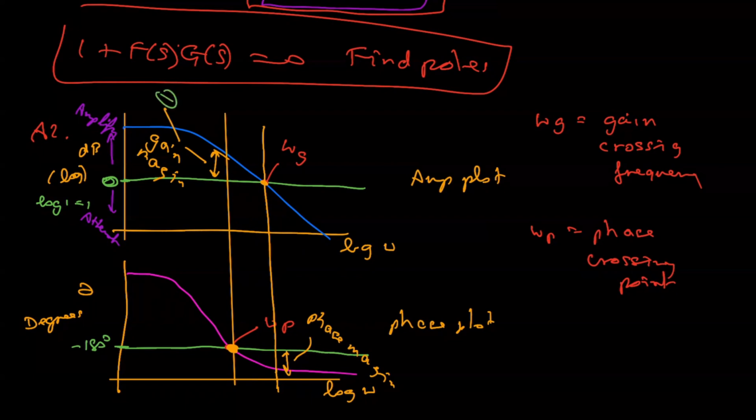So the gain margin is negative. If it were below the green line, it's positive. Now for the phase margin, if it's below the line, it's negative.